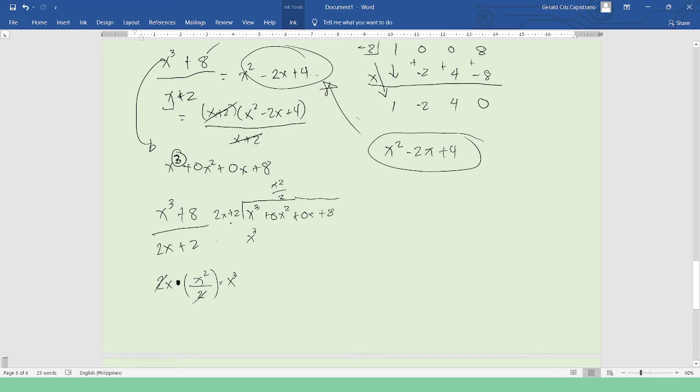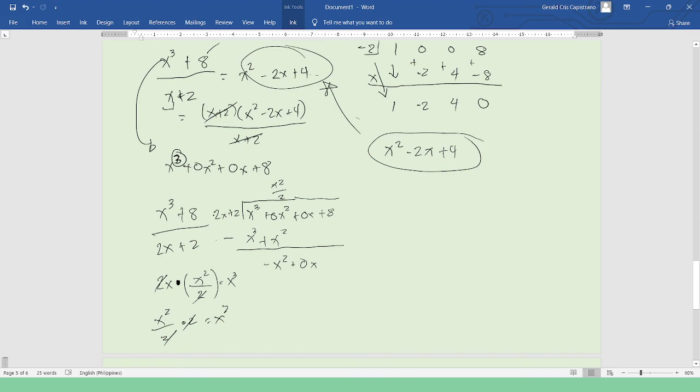Then, multiply lang natin yung x squared over 2 dito sa 2. So, magkakaroon tayo dyan ng x squared. Bakit x squared lang? Kasi kung titingnan nyo, ang x squared over 2, pag minultiply natin sa 2, magka-cancel lang din yung 2. So, that is equal to x squared. So, minus lang natin. Magkakaroon tayo dito ng negative 2x squared. Baba lang natin yung 0.